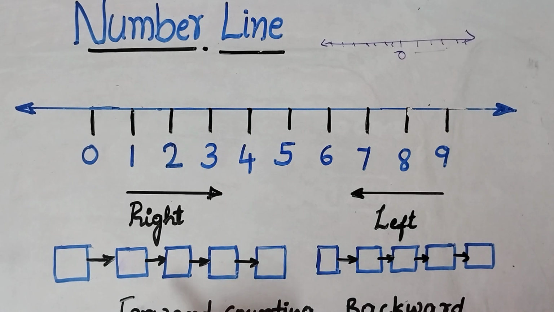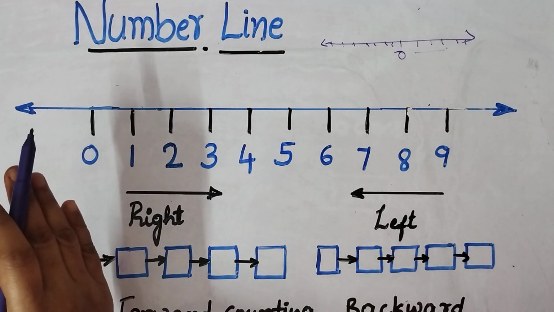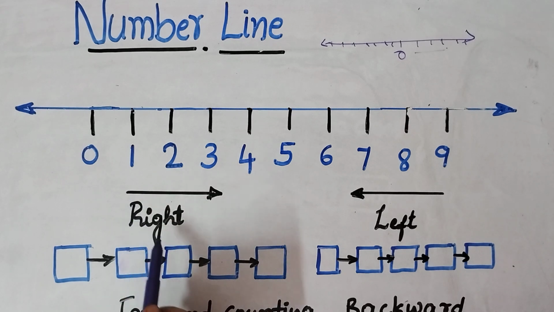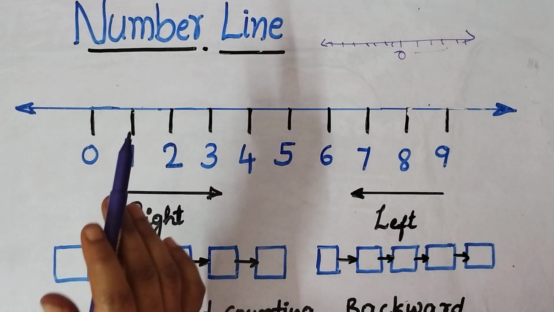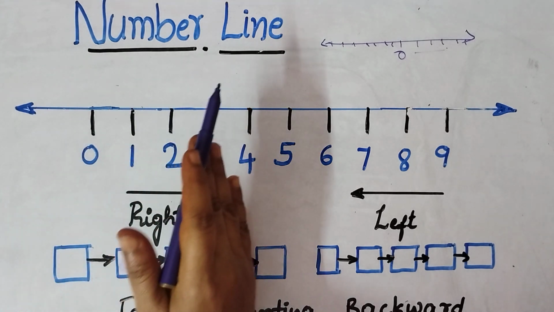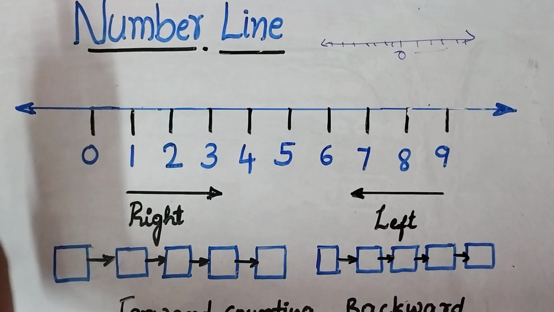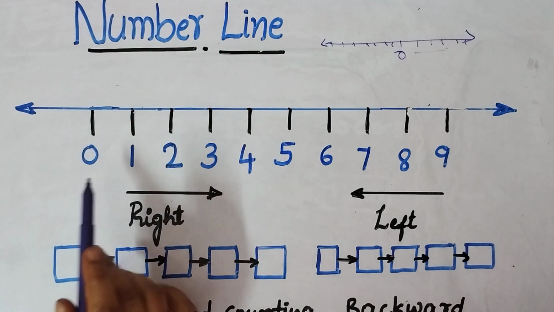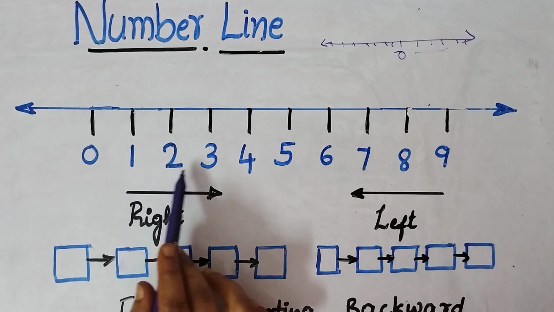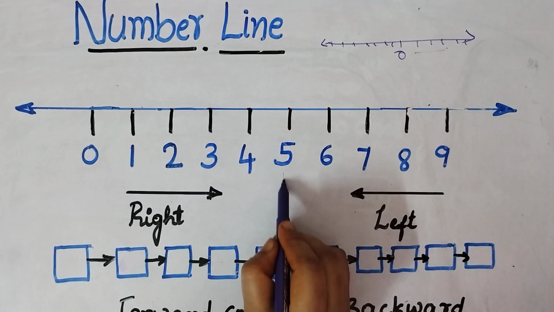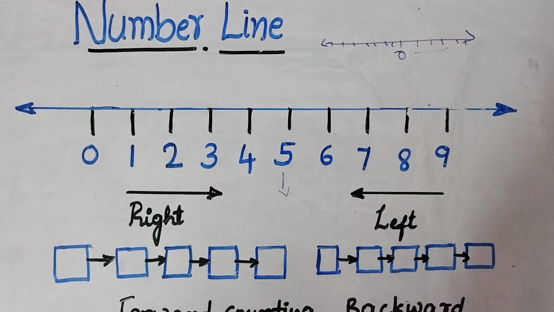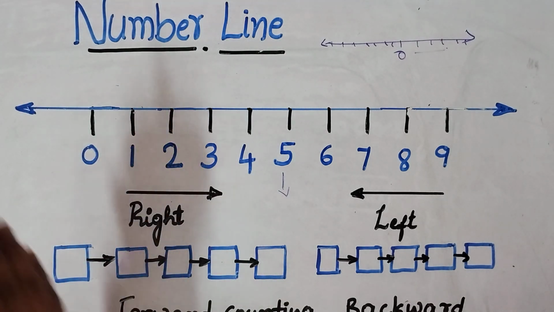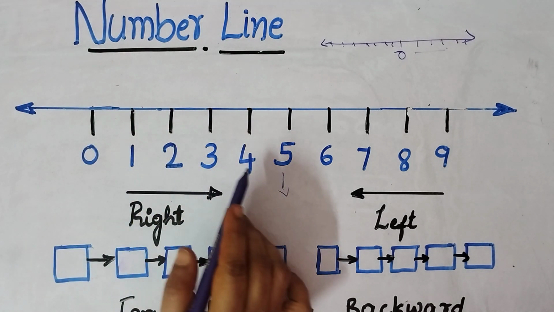Okay, so here what we have to do? First, I have to write here right. Right means numbers increase from left to right. So this is our left, so left to right. Look here children, 0, 1, 2, 3, 4, 5 for example. What happened here? Left to right, on the right side, the numbers are increased.